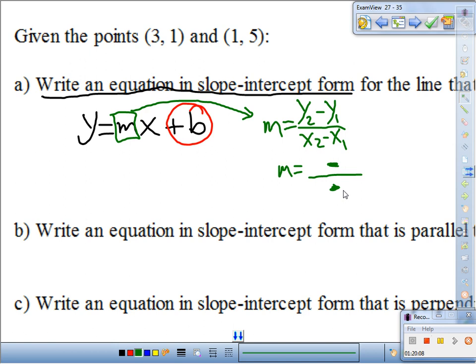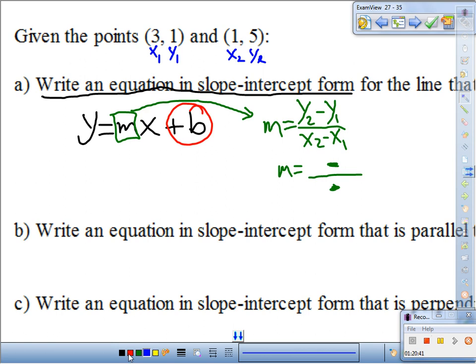And if you don't have a blank sheet of paper, you have space underneath, right? Okay? So before I substitute values, I need to label my points. This one is the first point, so I write x sub 1, y sub 1. What is this one? X sub 2, y sub 2.